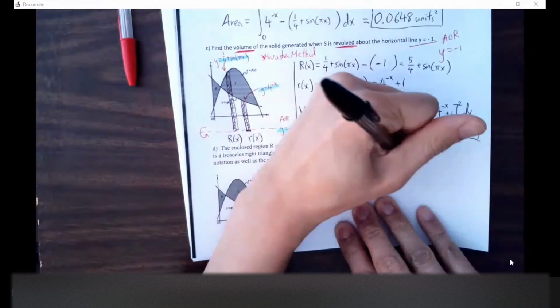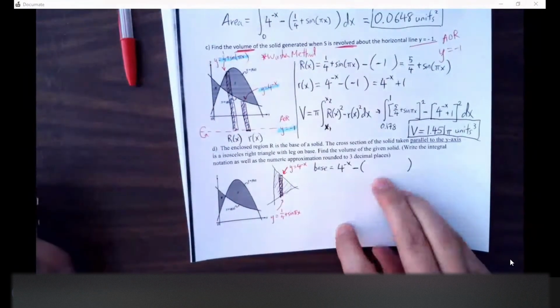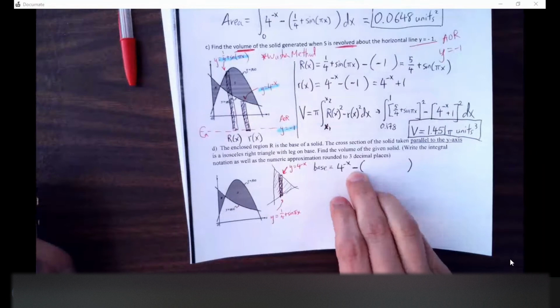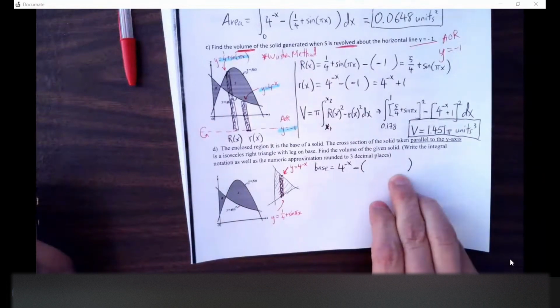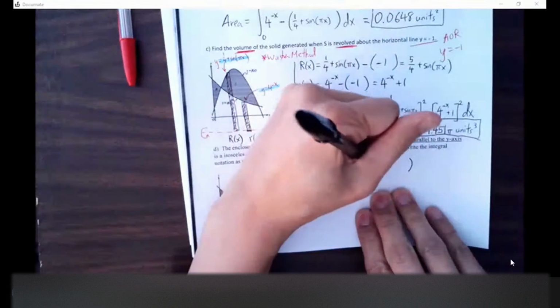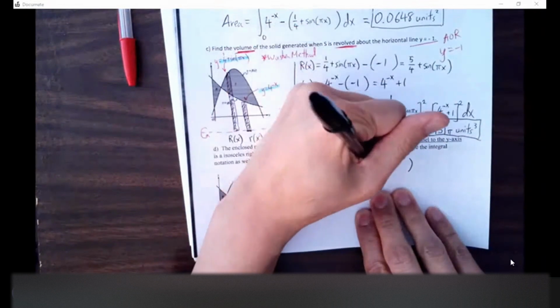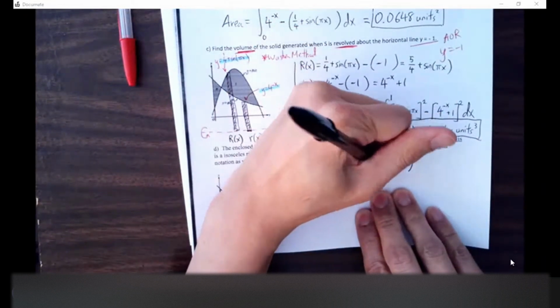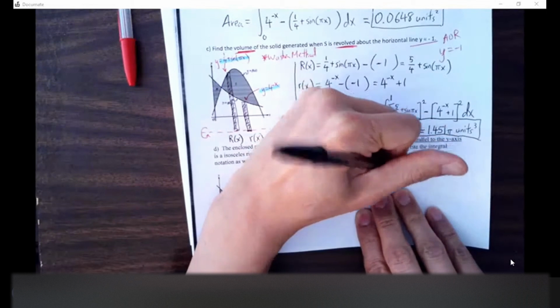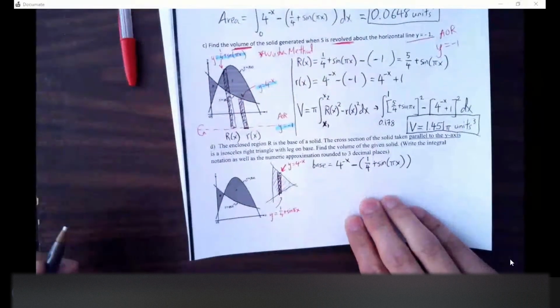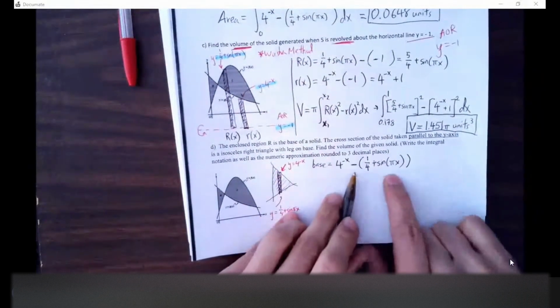Make sure you put big parentheses. We have to keep track of the fact that there are multiple terms that need to see that negative. There's no like terms here, but I can distribute the negative through.